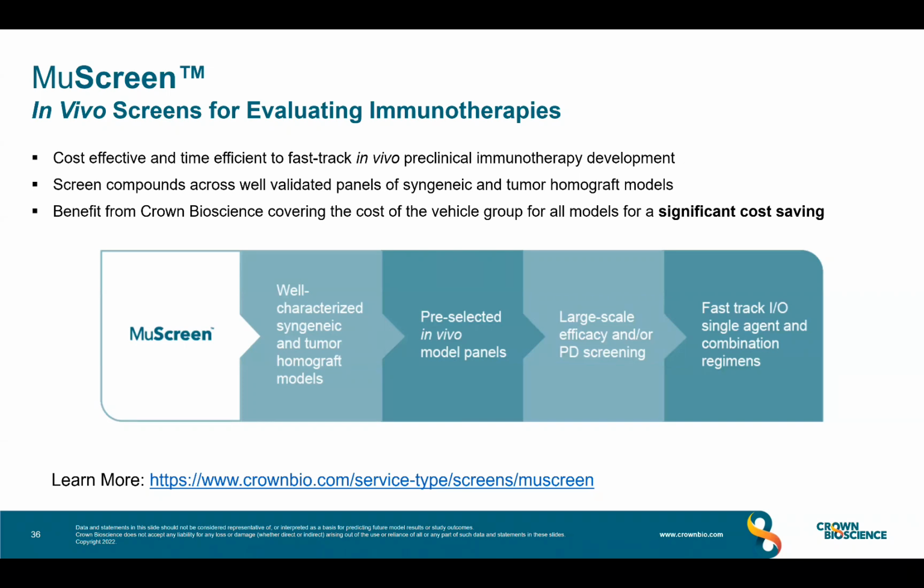Another widely used preclinical in vivo screening platform is MuScreen, which is more efficient for evaluating immunotherapies because these are immune-competent mice with complete tumor microenvironment.